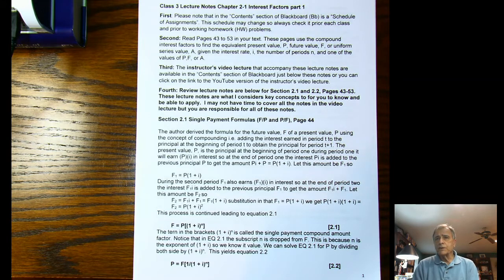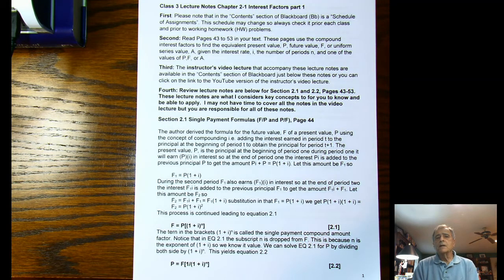So the first thing we want to talk about is single payment formulas. That is where you have just one cash flow at a time that we usually call the present, and then you have another cash flow at a future point in time.